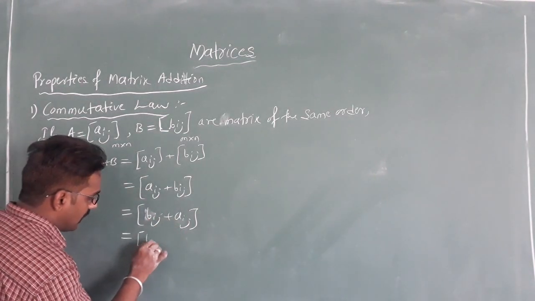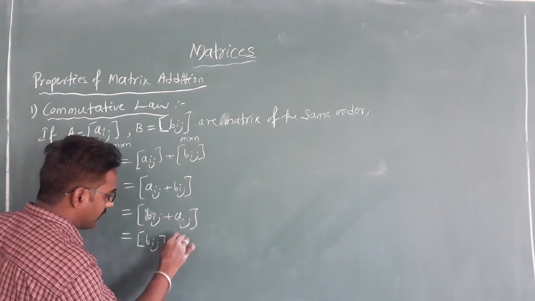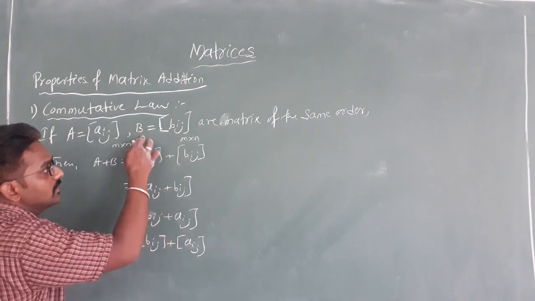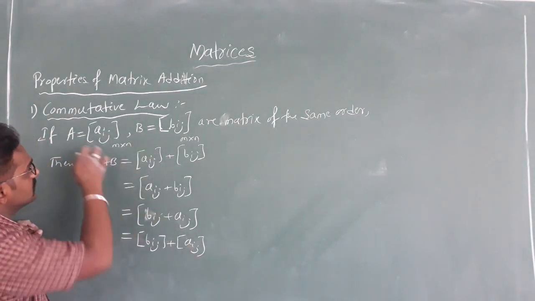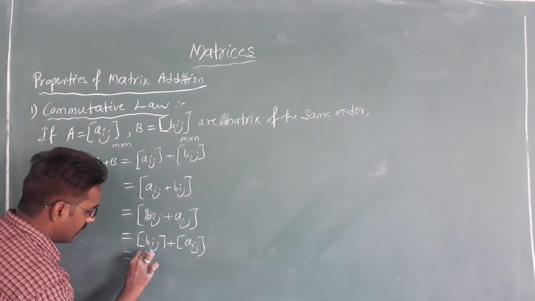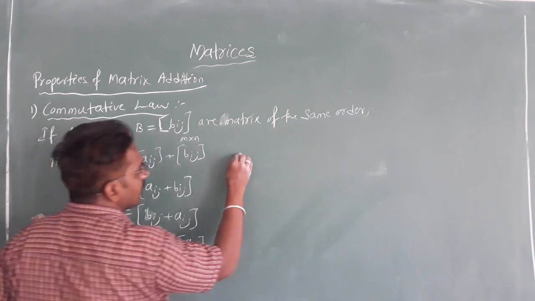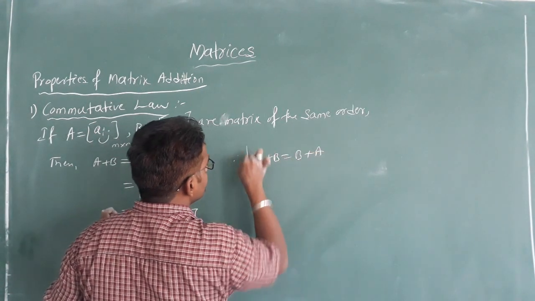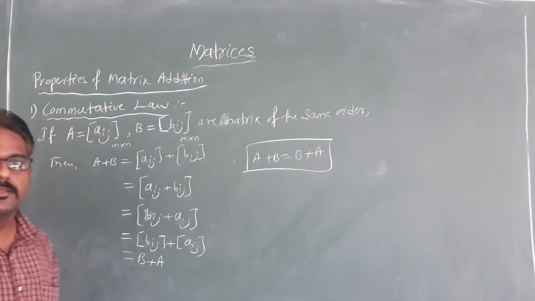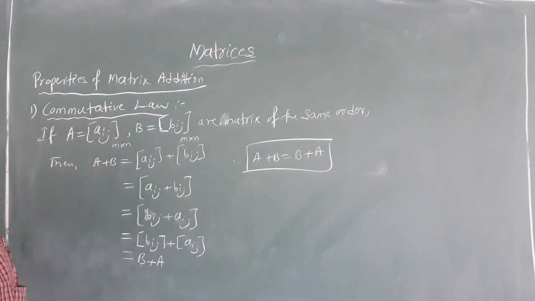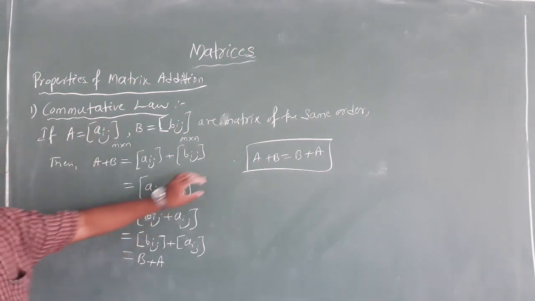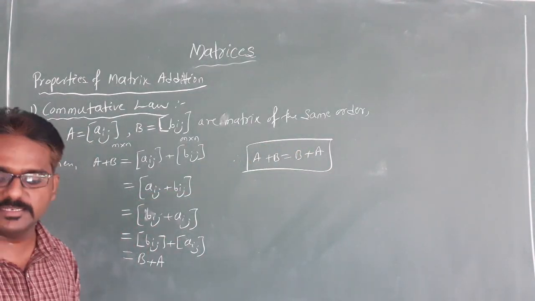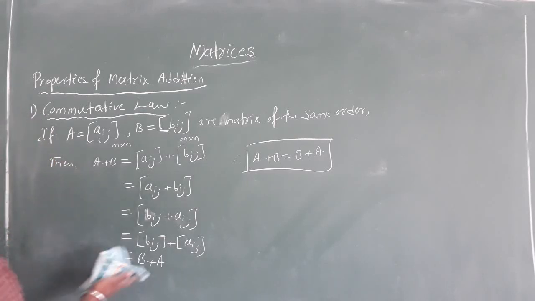Again I will separate these elements. So what does it denote? Matrix B, and matrix A. So you obtain B plus A. Therefore A plus B equals B plus A. Commutative law of addition is followed by the matrices. Simple thing, students.